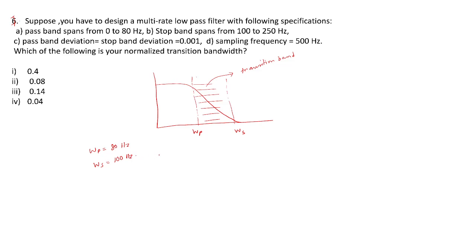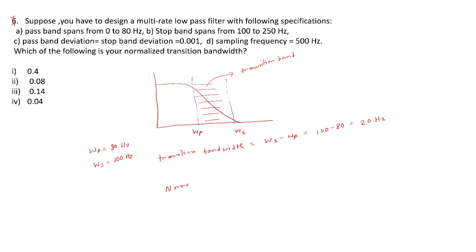Therefore, what is the transition bandwidth? This is nothing but WS minus WP, which is 100 minus 80, which is 20 Hz.